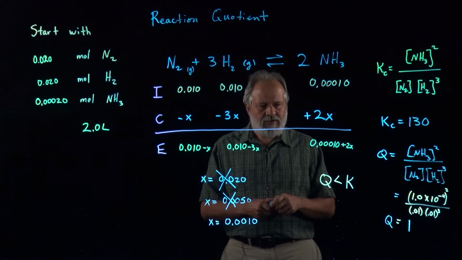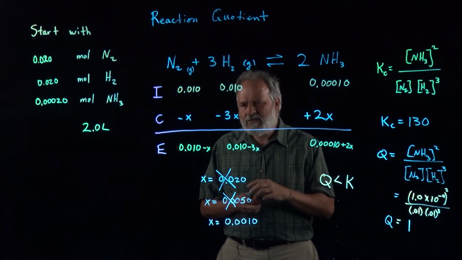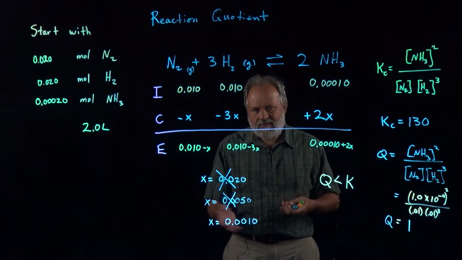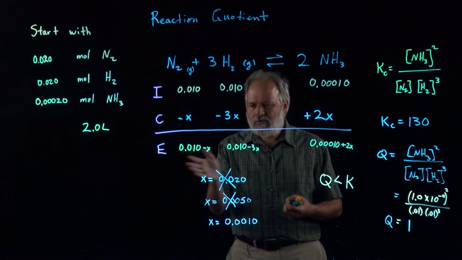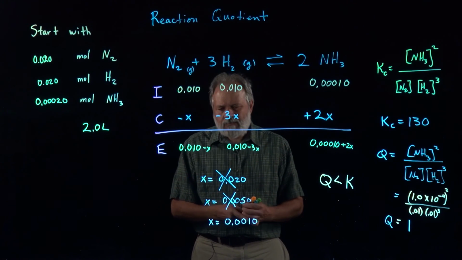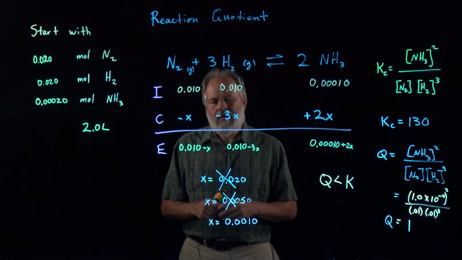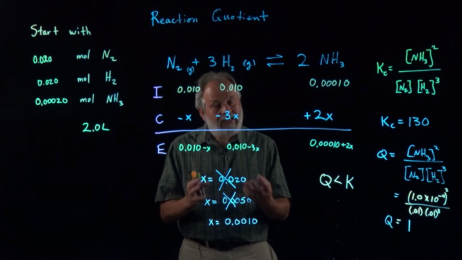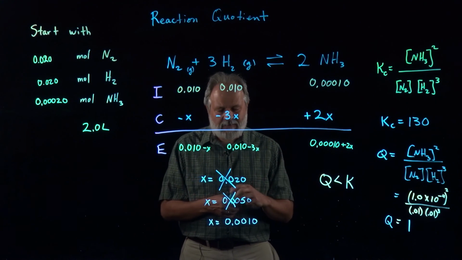All right, so that's how you use the reaction quotient to determine the signs of the changes that will give a positive number for x for one of the solutions that actually corresponds to the true equilibrium. So you should be able, if you've done this correctly, to ignore the solutions that have a negative sign for x or even imaginary or complex numbers for x. You can rule those out immediately too.